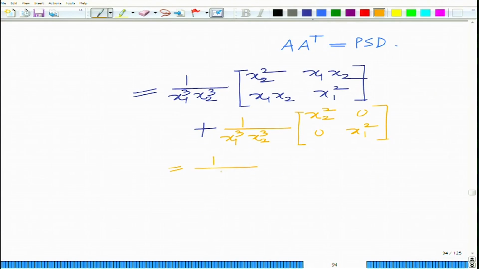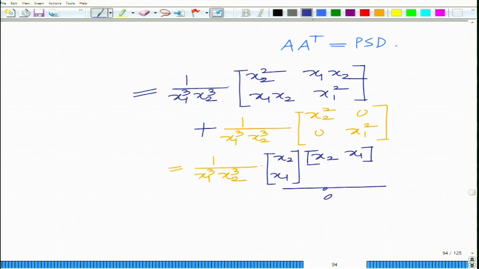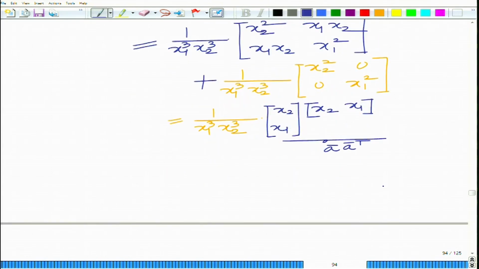Now you can see this will be 1 over x1 cube, x2 cube times x2 x1, times x2 x1, that is, this is of the form vector A bar into A bar transpose.